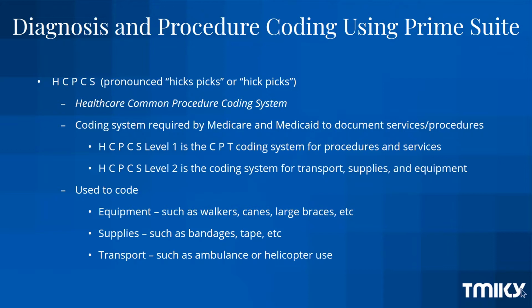Level 1 is the CPT coding system for procedures and services, while Level 2 is the coding system for equipment, supplies, and transport. HCPCS is also used to code equipment, such as walkers, canes, and hospital beds for home use. It is also used to code supplies, such as bandages, tape, and ostomy supplies, and it's also used to code transport, such as ambulance transportation.